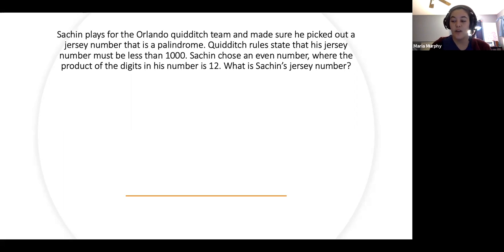We went over another example where we were trying to find a bib number, so the next palindromic number and so forth. Another thing we discussed last session was perfect square palindromic numbers.